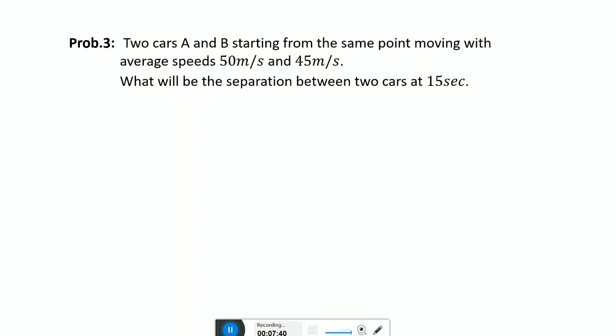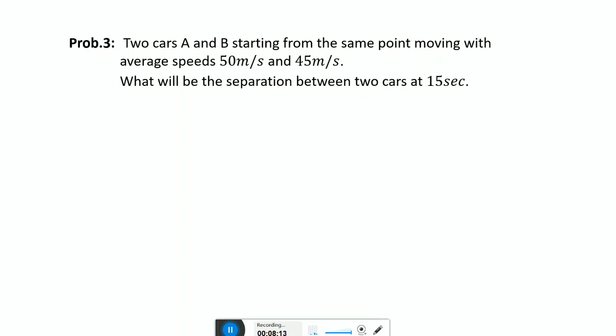So the given parameters are speed of car A is given, that is 50 meter per second. Speed of car B is given, that is 45 meter per second. So separation between car A and B is 5 meter per second, 50 meter per second minus 45 meter per second.